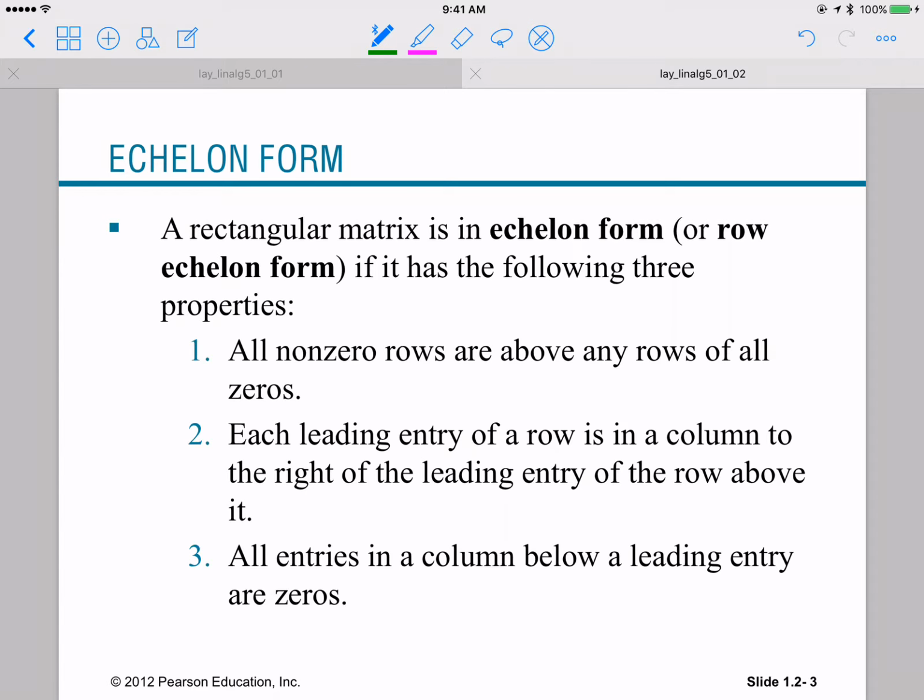So we can think about the leading entry of each row, right? Let's suppose this row is the third row, which is the third horizontal vector. And then we think of the position of these leading entries in terms of the column positions.